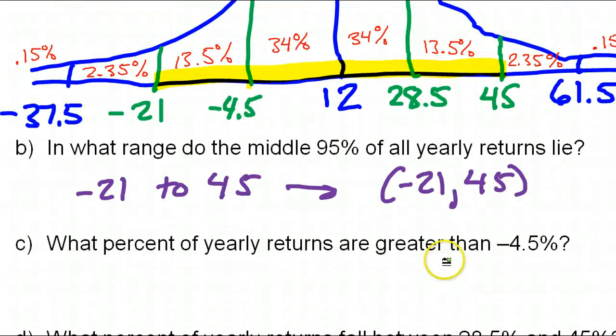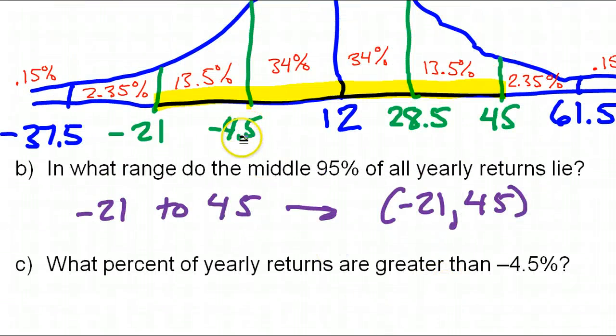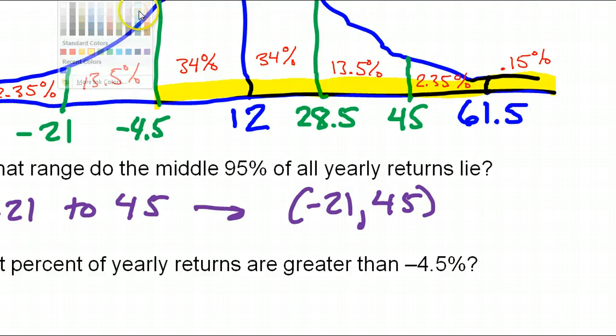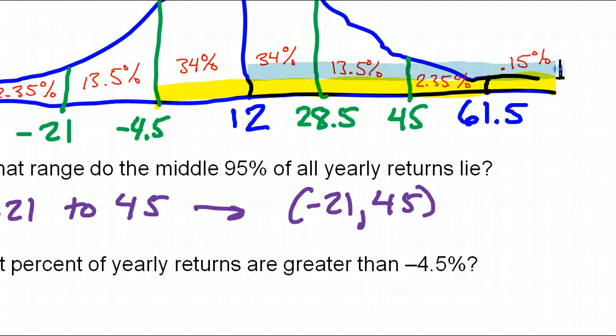Okay, so you see -4.5% is right here. So greater than that would be like this, from here forward, this whole thing. So you could add up all of these percentages, but if you look at everything to the right of the mean, that's 50% of the data.